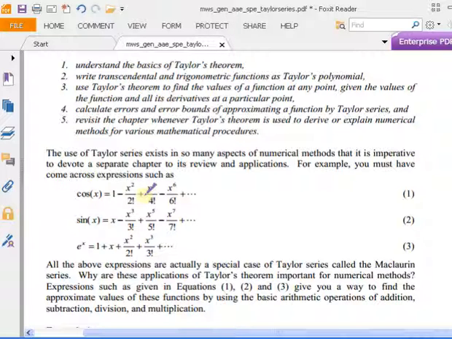Think about this. If I have sine, for instance, if I want to approximate sine up to a certain level, then I'll only take a few terms of this series. If x is very small, it may be enough simply to take the first term.